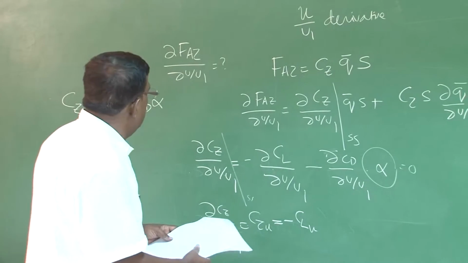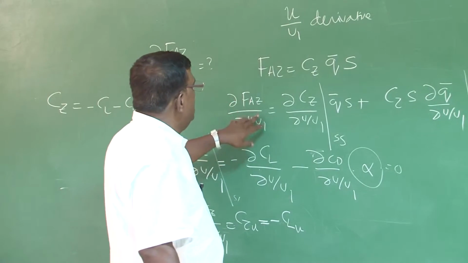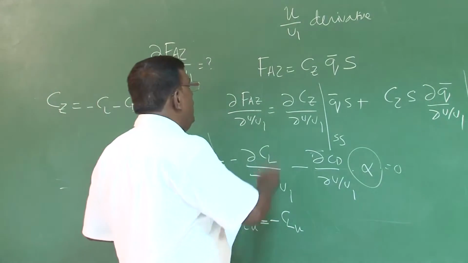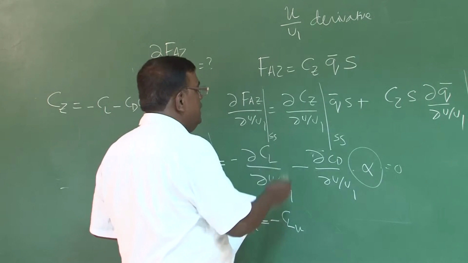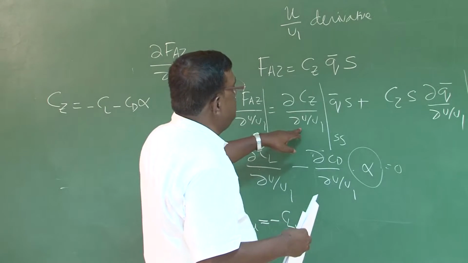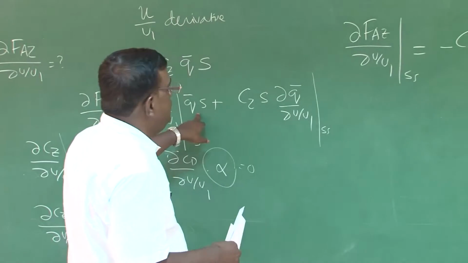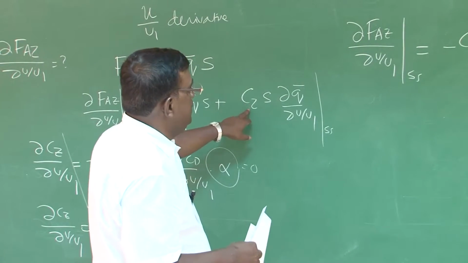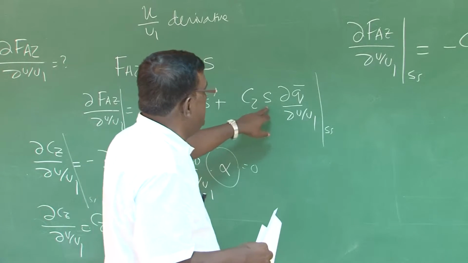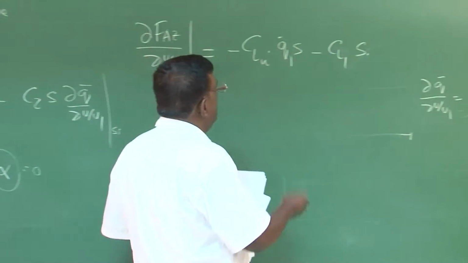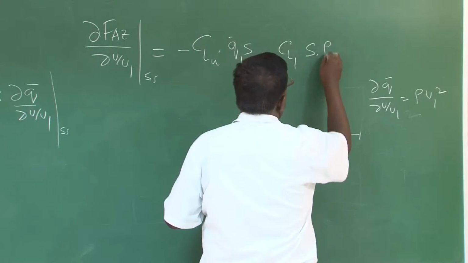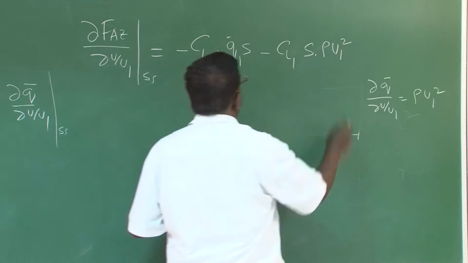What is our aim? Our aim is to find this expression. dFaz by du by u1 evaluated at steady state is dCz by du by u1 evaluated at steady state, which is minus Clu, then Q1 bar s, plus Cz, which is minus Cl1, s, and dq by du by u1 we have already derived as rho u1 square.